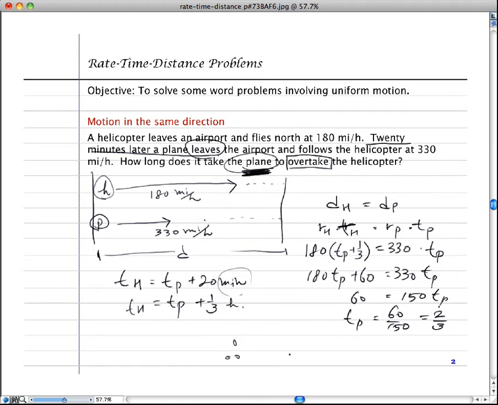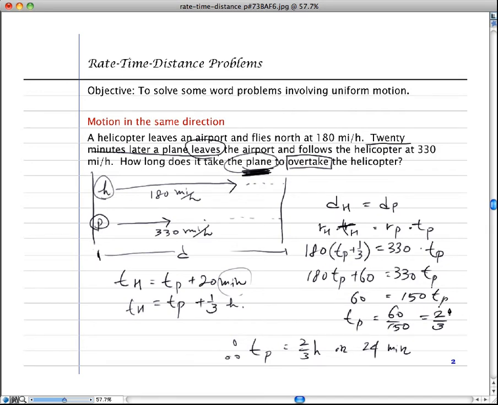Therefore, t sub p is 2/3 of an hour or 24 minutes. Oops.